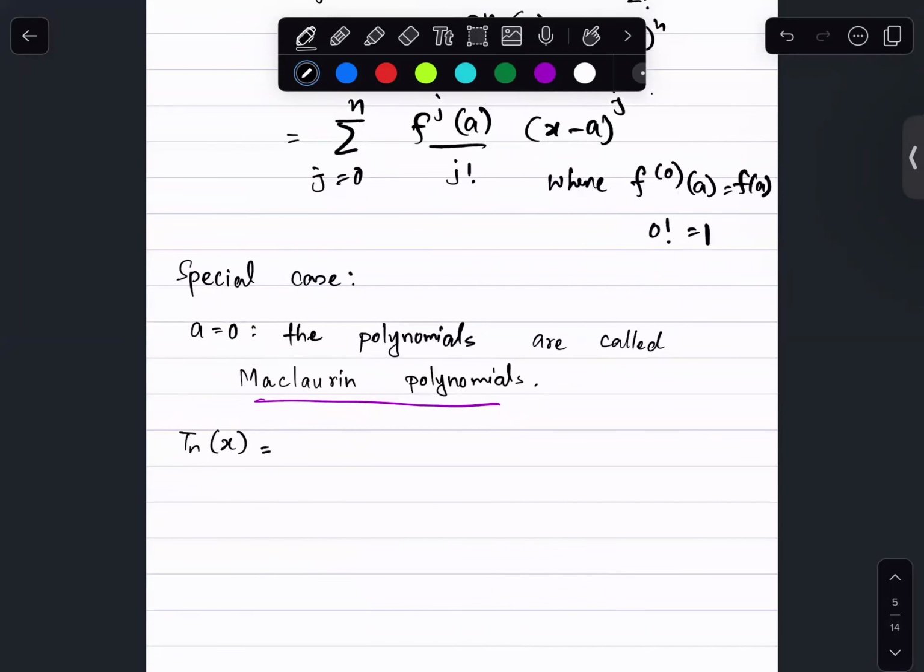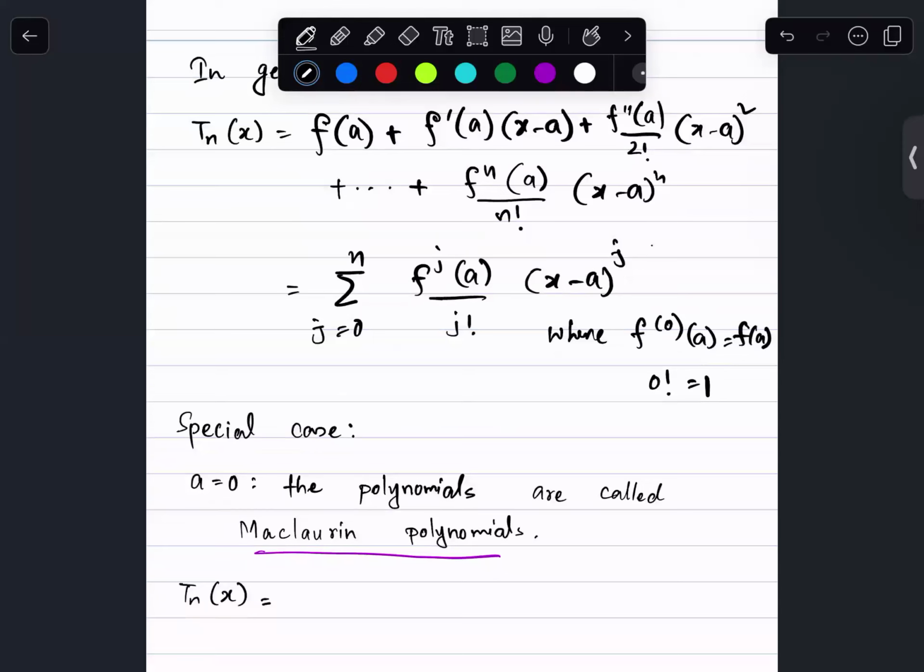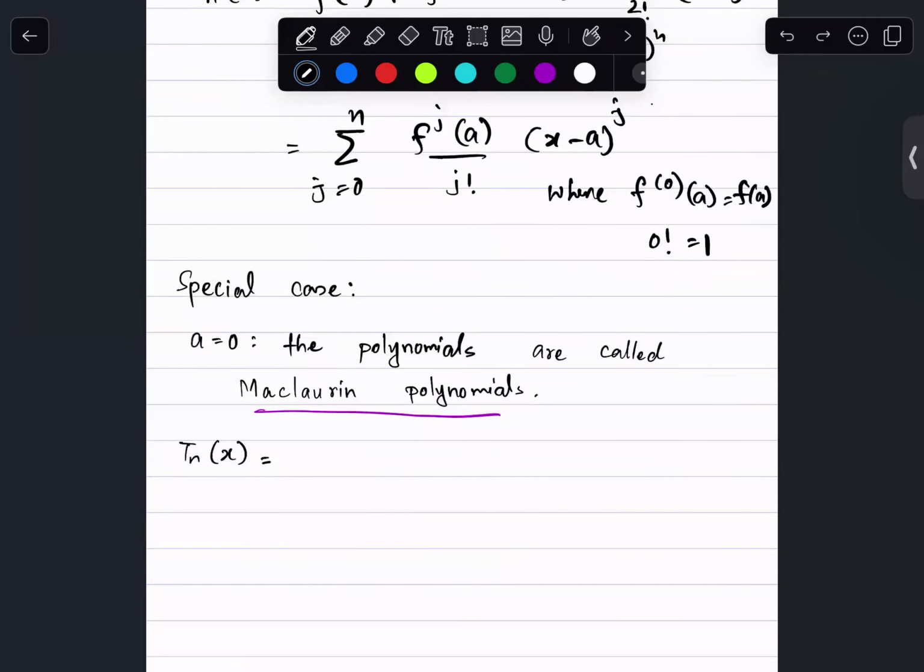Cool. Now, remember I defined what we mean by the center of a Taylor polynomial. When a is 0, that means you have only x to the power something in the Taylor polynomial, and that is named a Maclaurin polynomial.